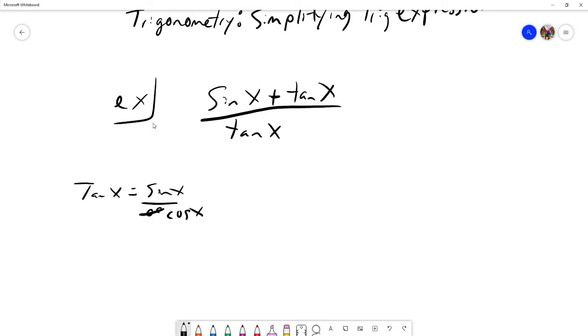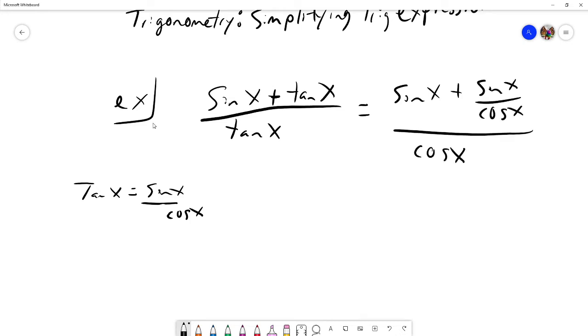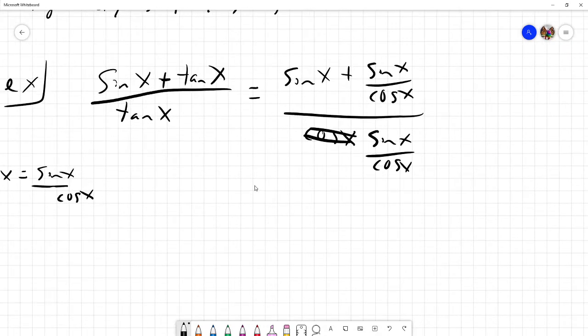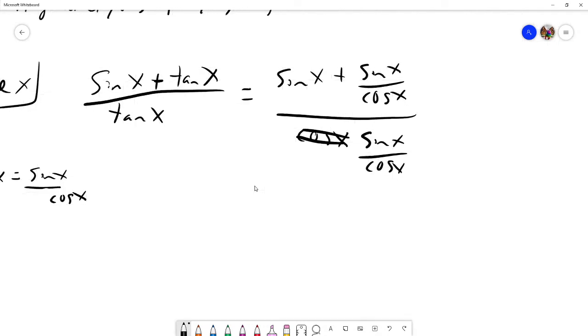And so if we keep that in mind, we can think of this as sine x plus sine x over cosine x, divided by sine x over cosine x. So we could do it this way and work it out. Sometimes it works out in our favor to actually break it up in terms of sines and cosines. Sometimes it's detrimental, which is the case here. We'll find out.